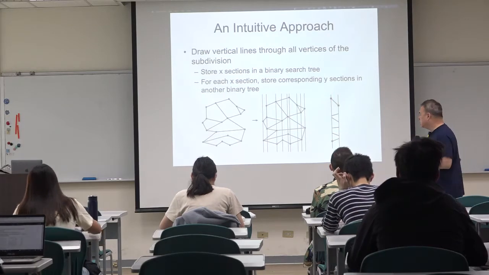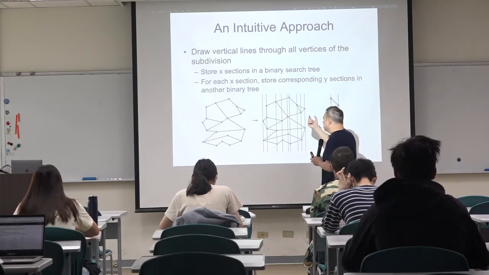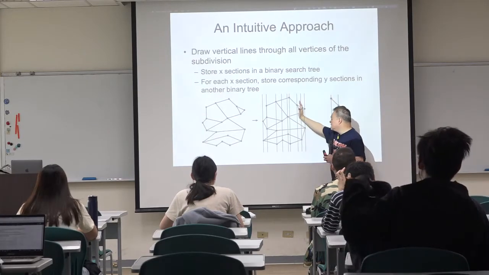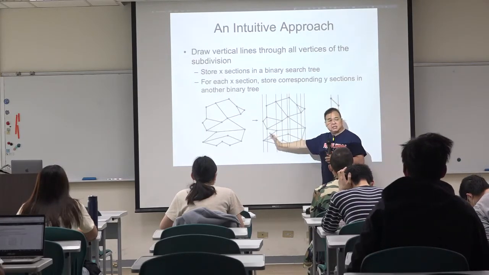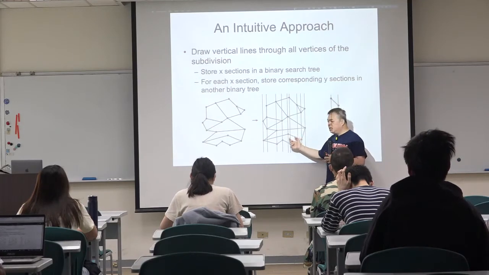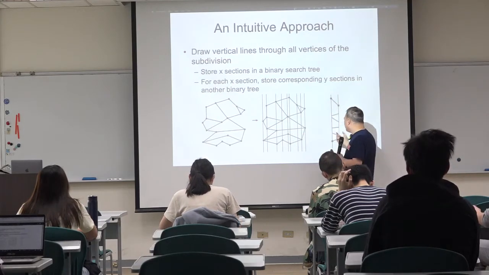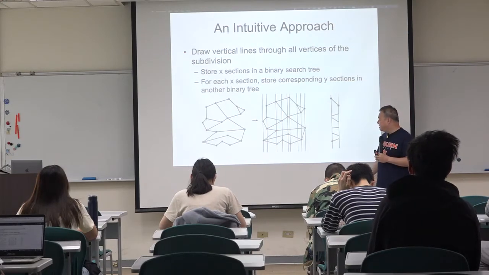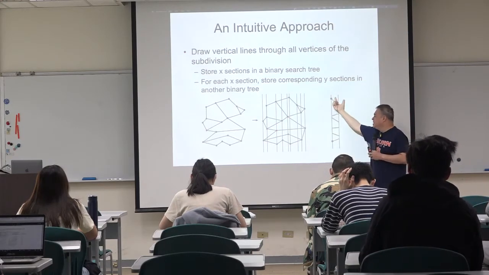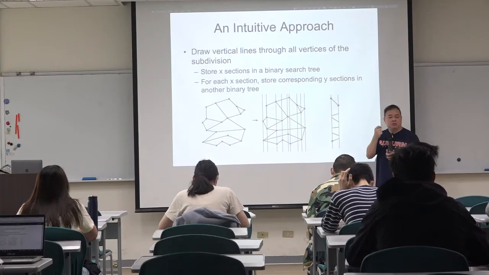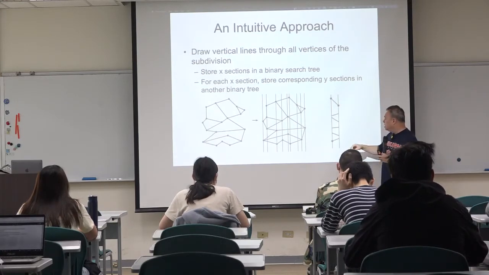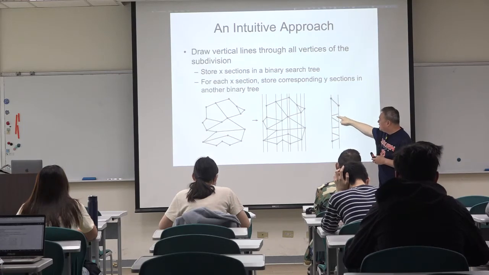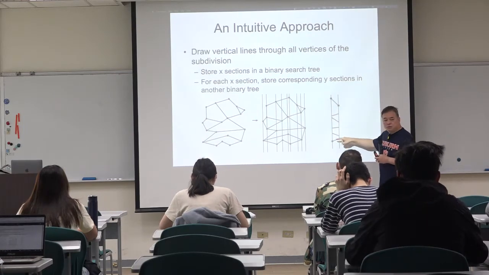In an internal node, you just store these vertical lines. Now say you locate one of the slabs that contains your point Q. You need to find which region Q belongs to.